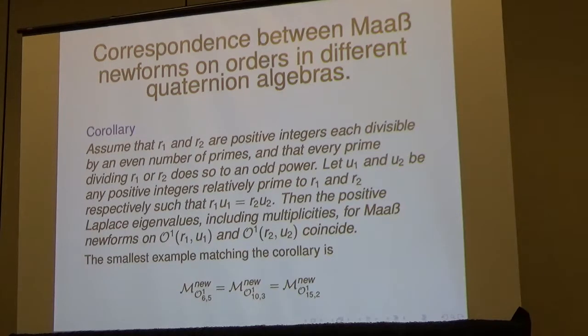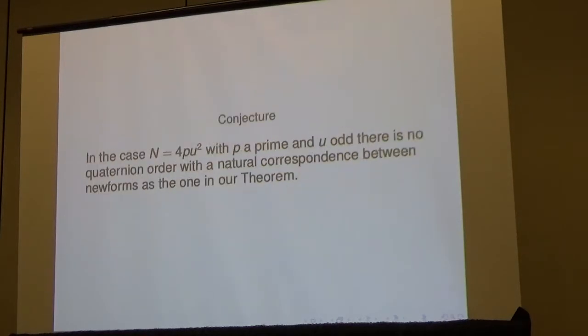I'll leave that for a moment. What we still have not been able to do is to establish that, in the case where n is 4p u squared, p is a prime, and u is odd, there is a quaternion order with the natural correspondence between new forms as in the theorem.